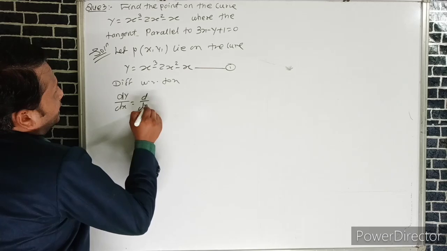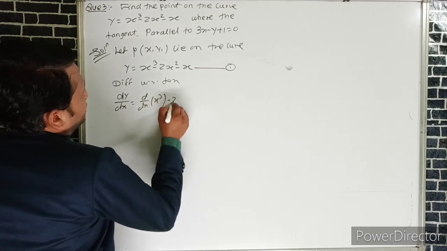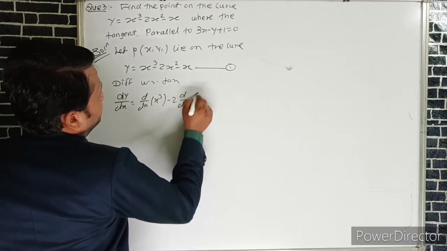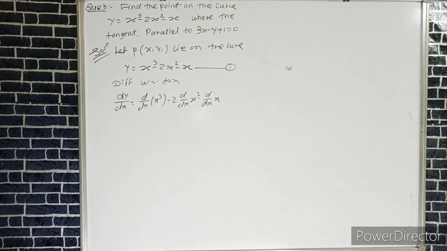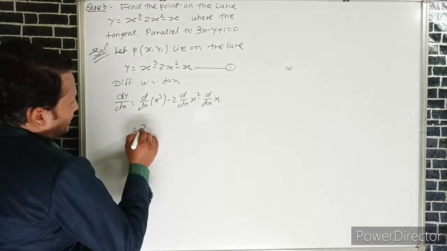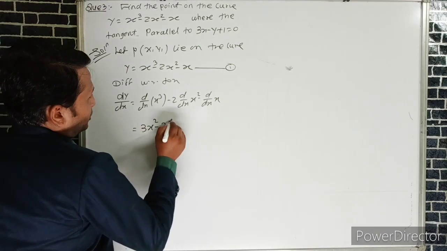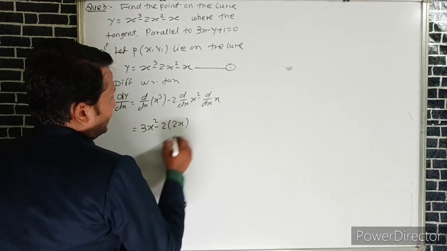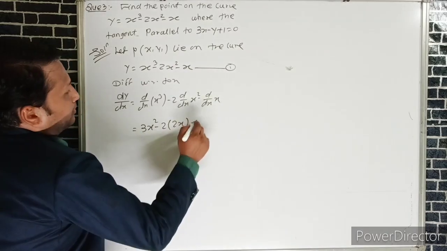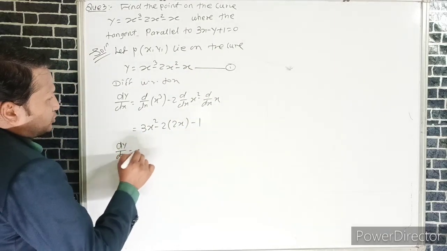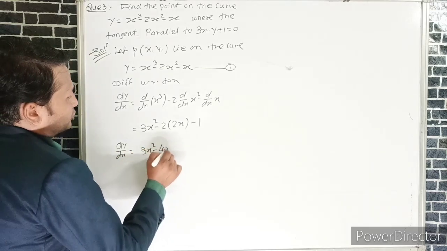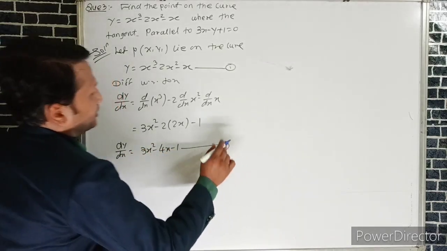Here we take the derivative of x cube, minus 2 into the derivative of x square, minus the derivative of x. The derivative of x cube is 3x square, minus 2 into the derivative of x square, which is 2x, minus the derivative of x. We can write dy upon dx equals 3x square minus 4x minus 1, which is equation number 2.